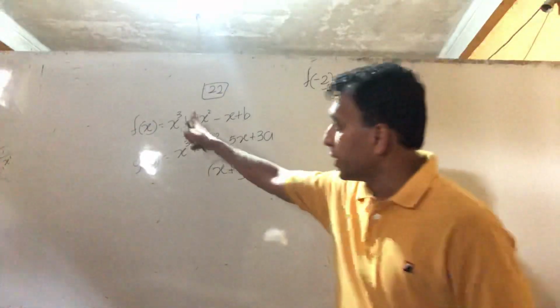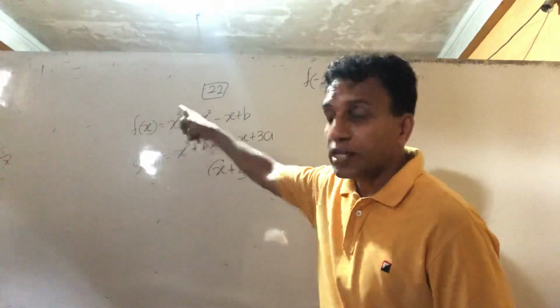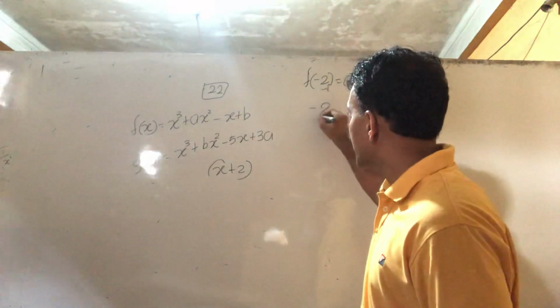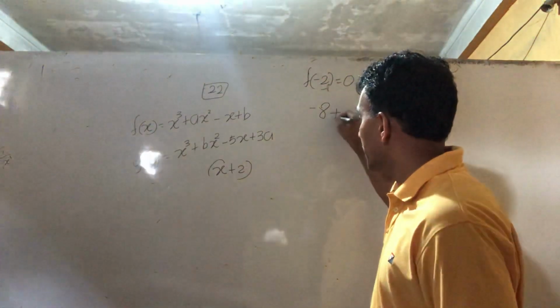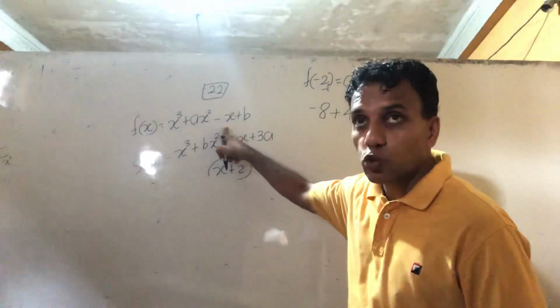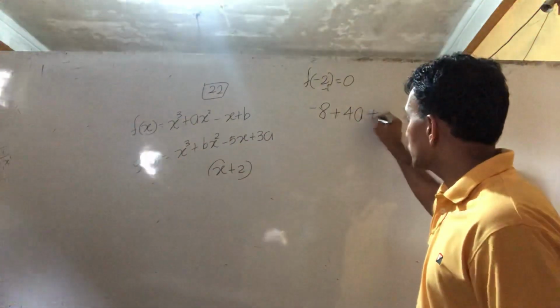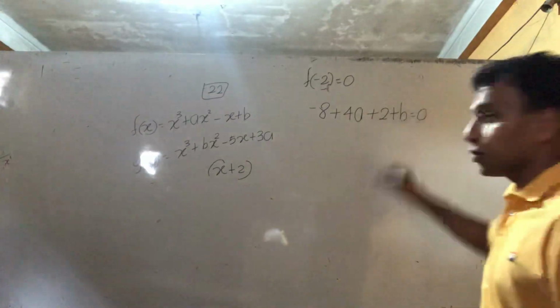Now put x for minus 2 here. What happens if you put x for minus 2? Minus 2 cube is minus 8. Put x for minus 2 in the square, plus 4, therefore plus 4a. Here put x for minus 2, then plus 2, right? Plus b equal to 0.